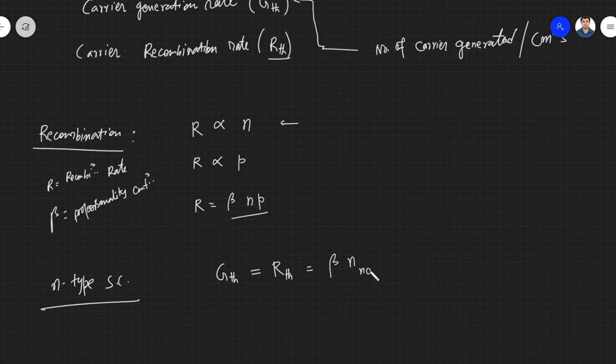Now we define it like this: beta n_n0 p_n0.